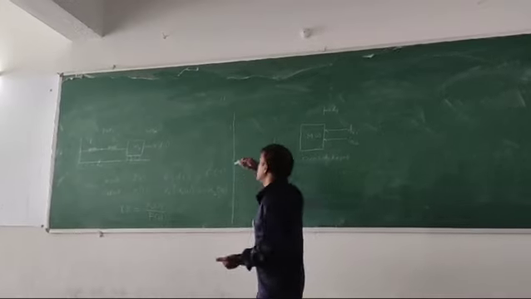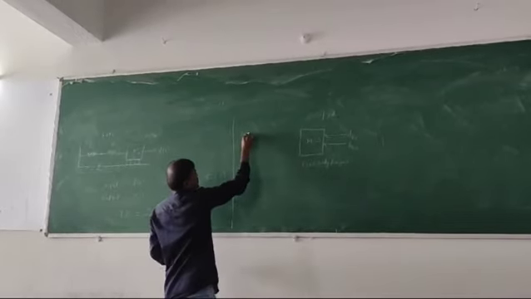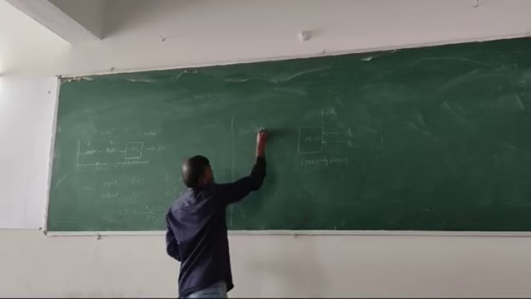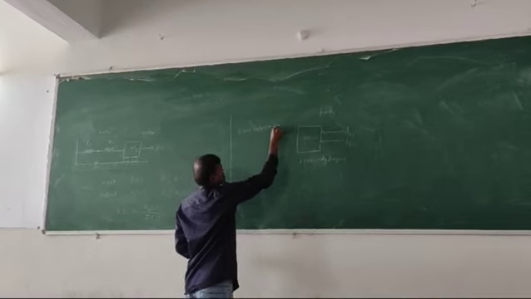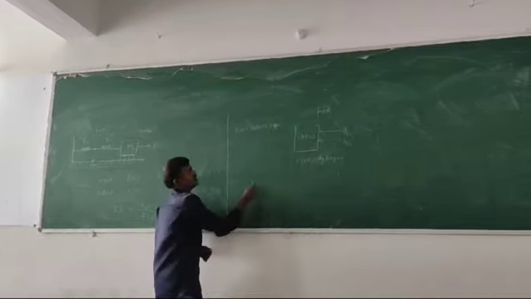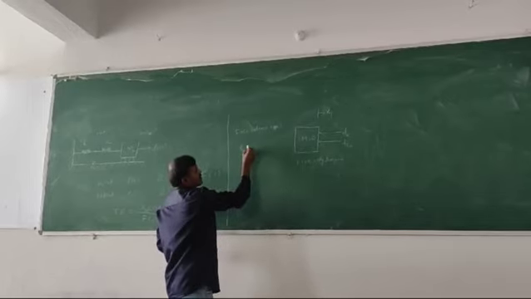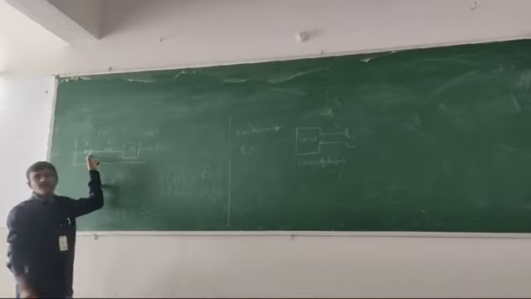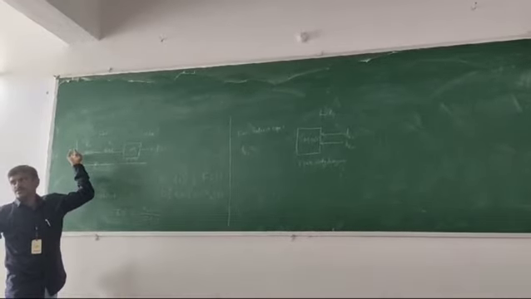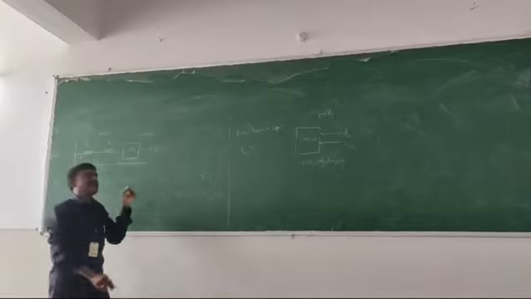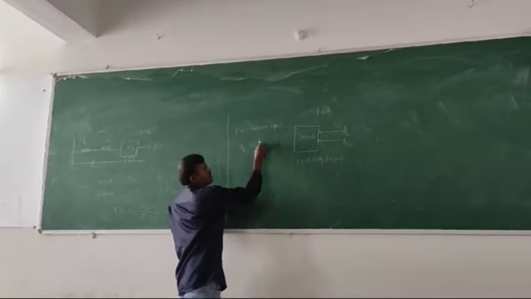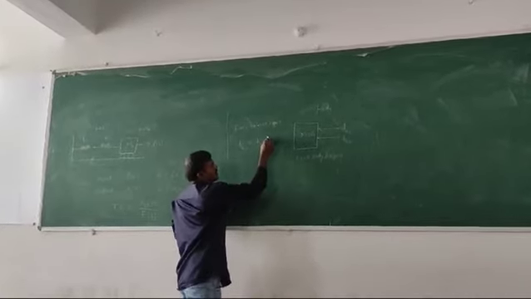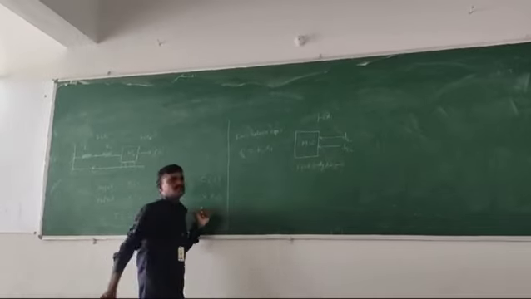So now write the force balance equations. F(K1) is equal to, here spring K1 is having one end fixed. So the force balance equation is K1 into the corresponding displacement x1.